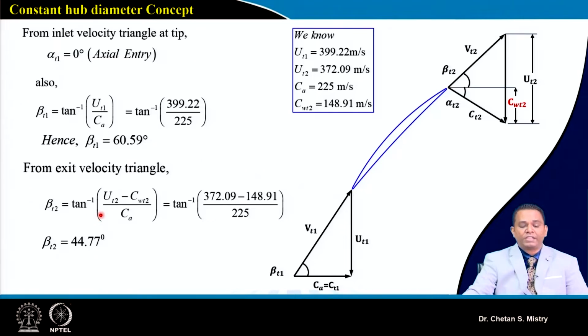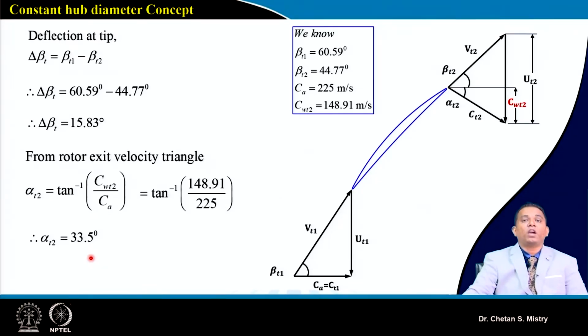In the same way at the exit we can write U2 minus CW2 divided by CA. Since my CW2, calculated based on our comparison of aerodynamic and thermodynamic work, is 148.91 meter per second, that gives beta 2 to be 44.77 degree.